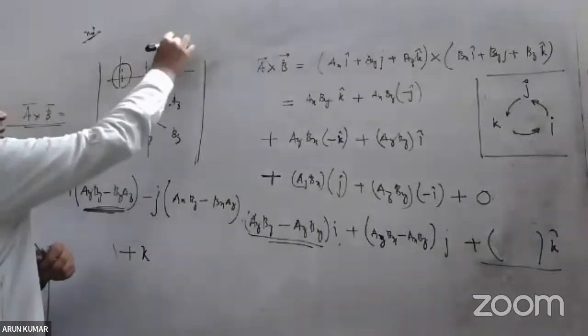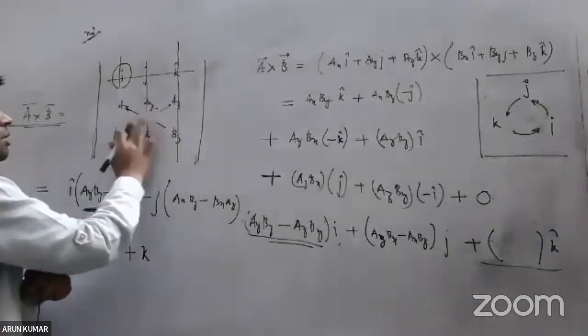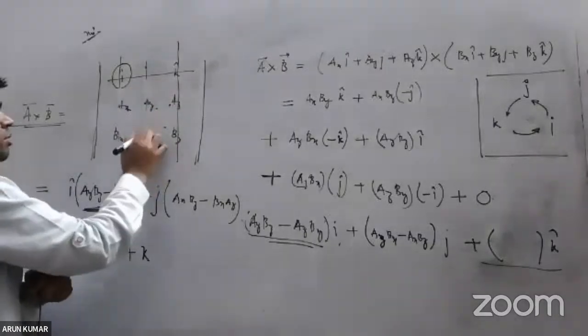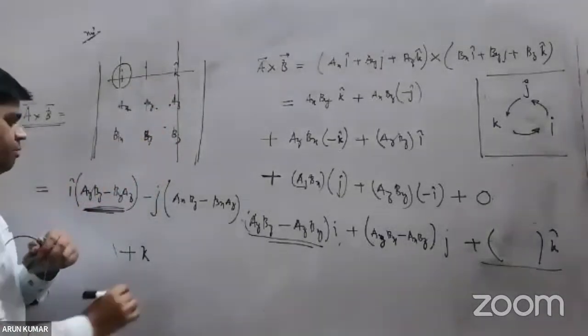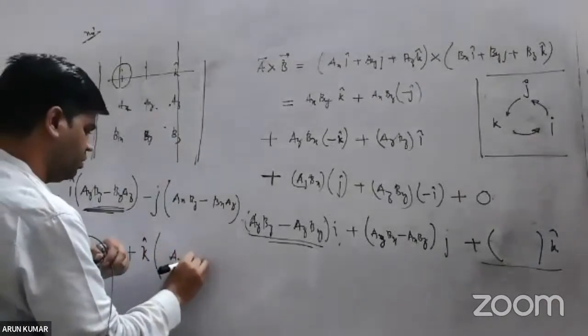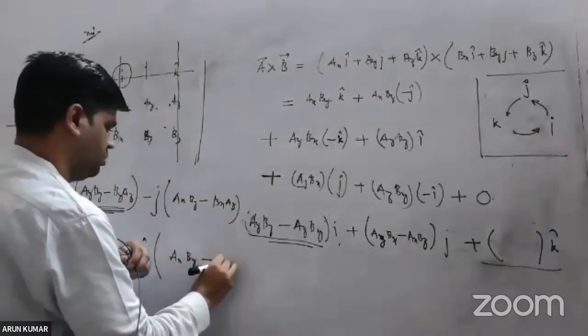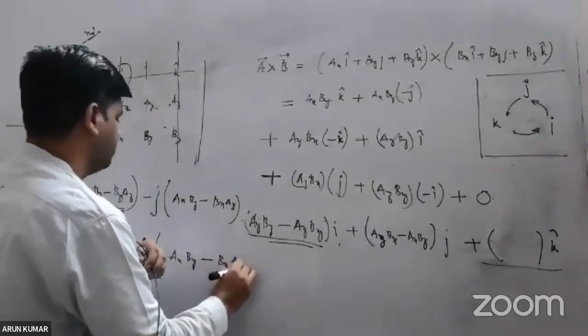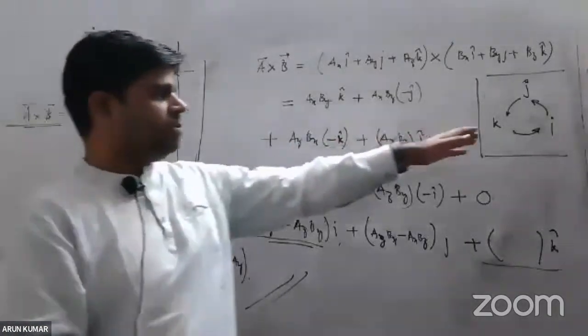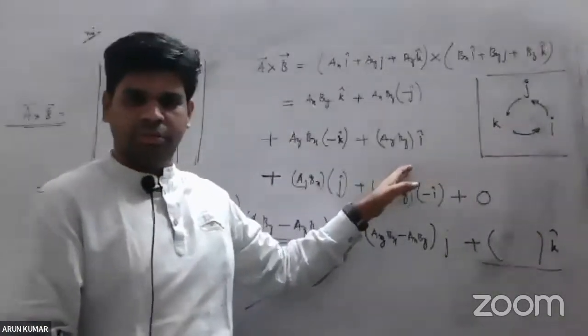What remains is ax by minus bx ay, times k cap. This is easier, right? Otherwise, every time you have to think about this one and do this.